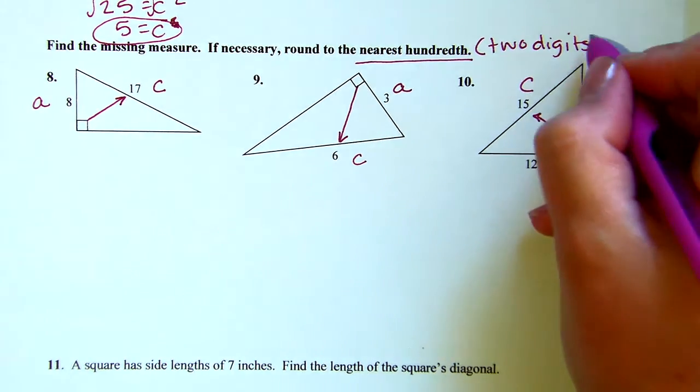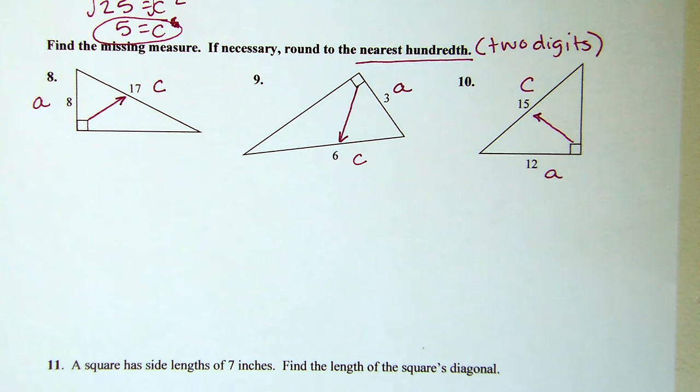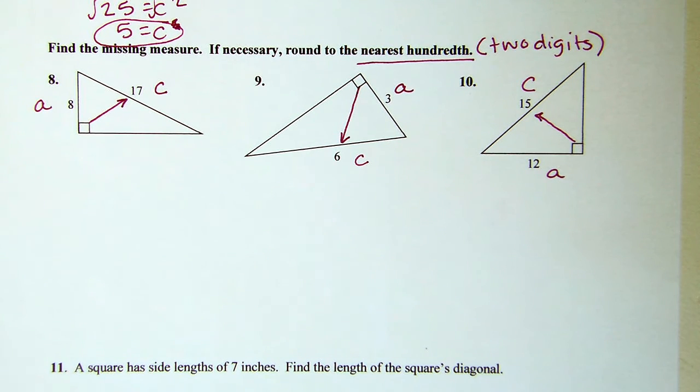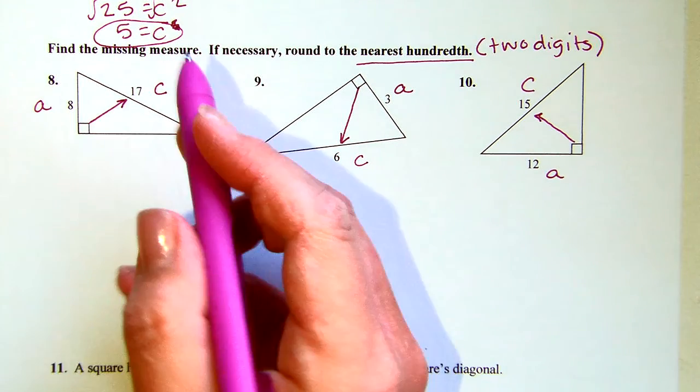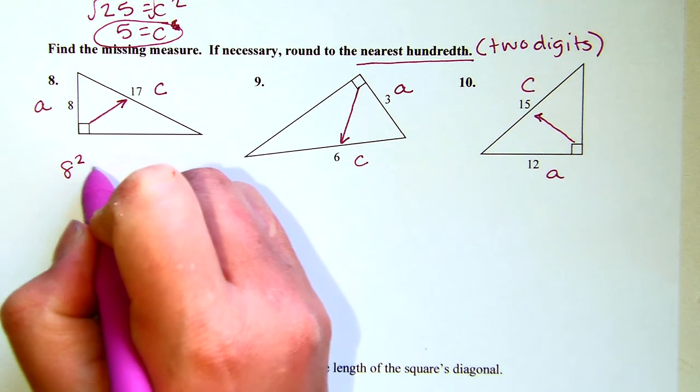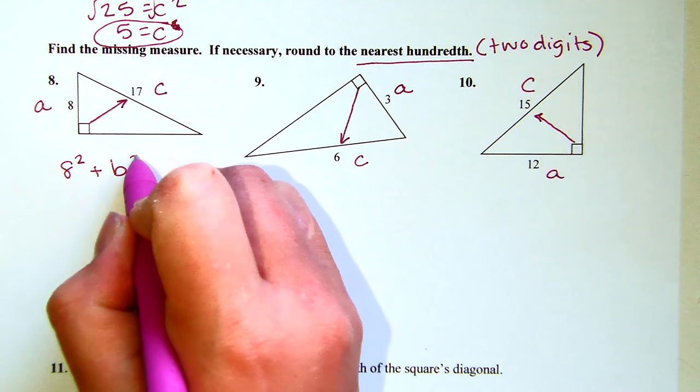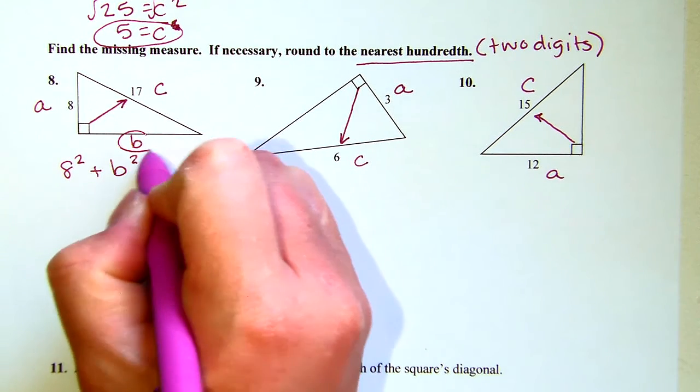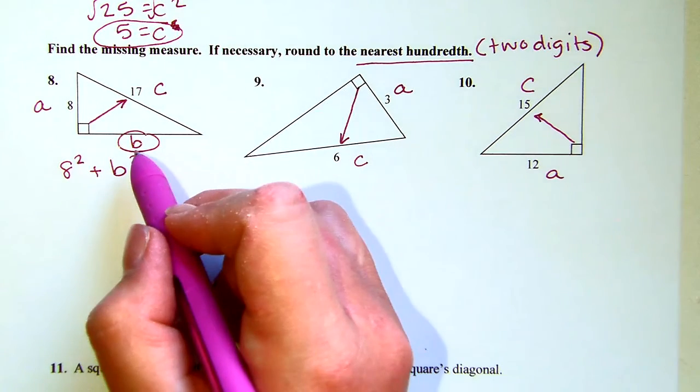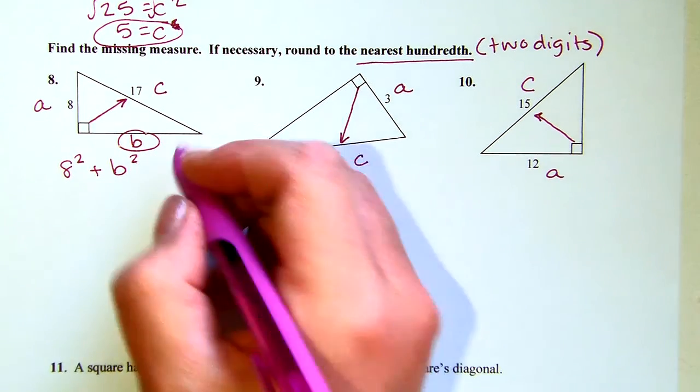So we're going to need to be careful when we round. On number 8, I'm going to begin with 8 squared plus B squared. B is my unknown side, and that's going to equal 17 squared.